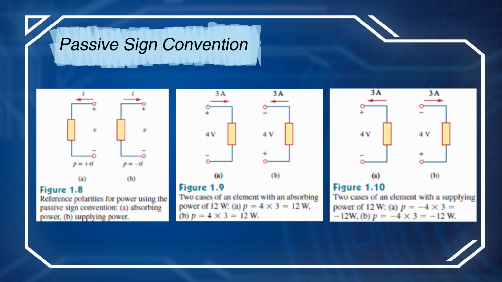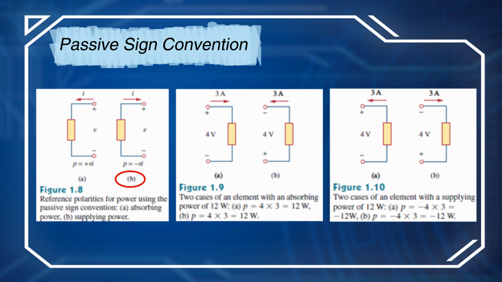The graphs can help us understand the passive sign convention. For Fig 1.a, we can know the power absorbed and the power supplied. In Fig A, the current enters the element through the positive polarity of the element, so the power equals positive V multiplied by I. That means the power is absorbed by the element.